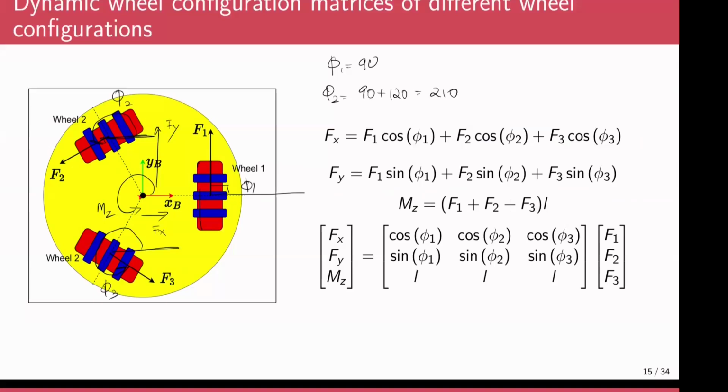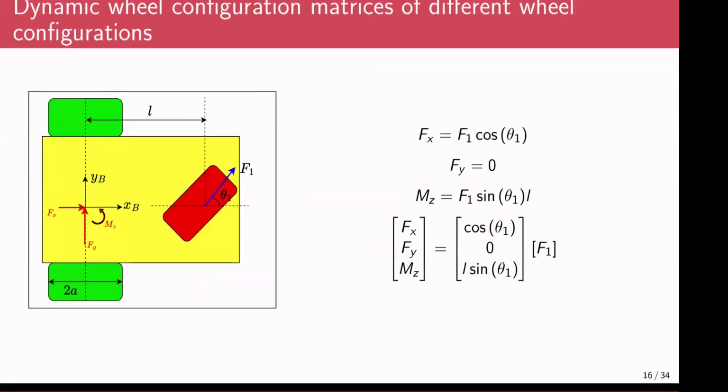And phi3, with respect to wheel 1, you can call it 90 plus 240. This is nothing but 330 degrees, phi3. And you can substitute the numerical values here, and you will get the corresponding numerical matrix.